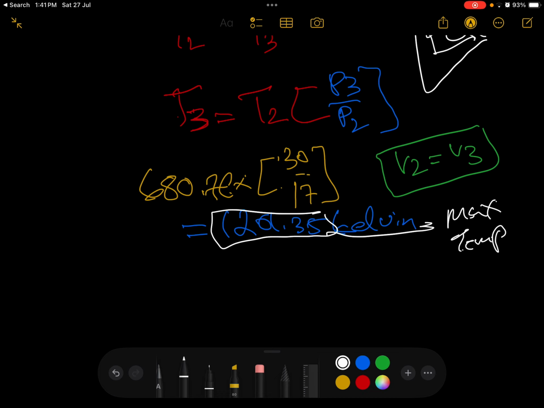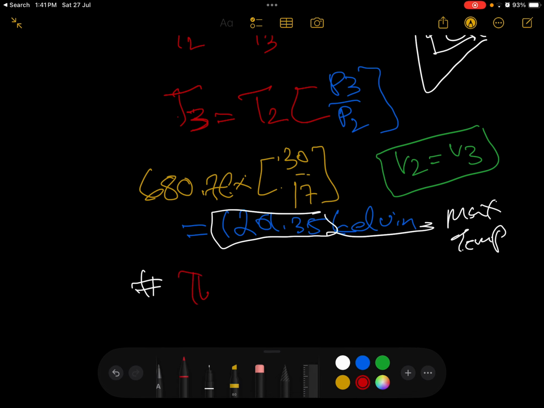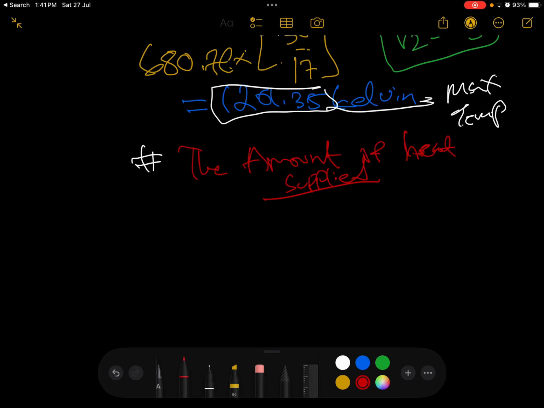How about the amount of heat supplied? Which is Qn equals m Cv (T3 minus T2).